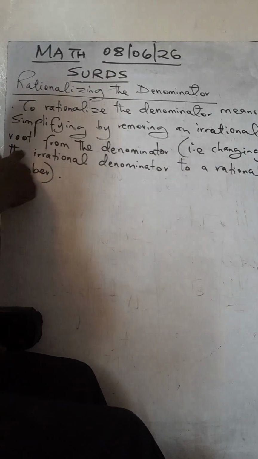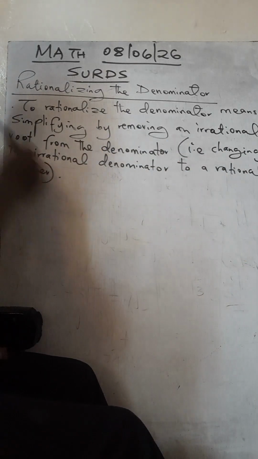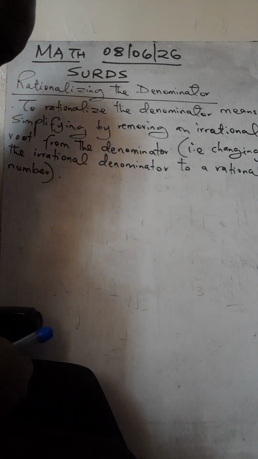That means changing the irrational denominator to a rational number. I think that definition sinks in well.